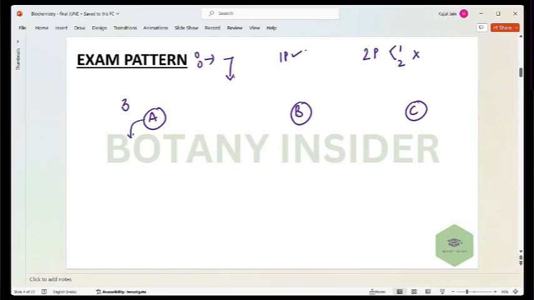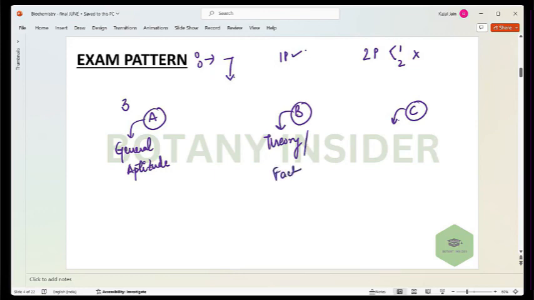Part A is your general aptitude. Part B is your theoretical segment. And part C is more theoretical and factual, I would say, and part C is more from the experimental, analytical, statement-wise, all these types of questions.